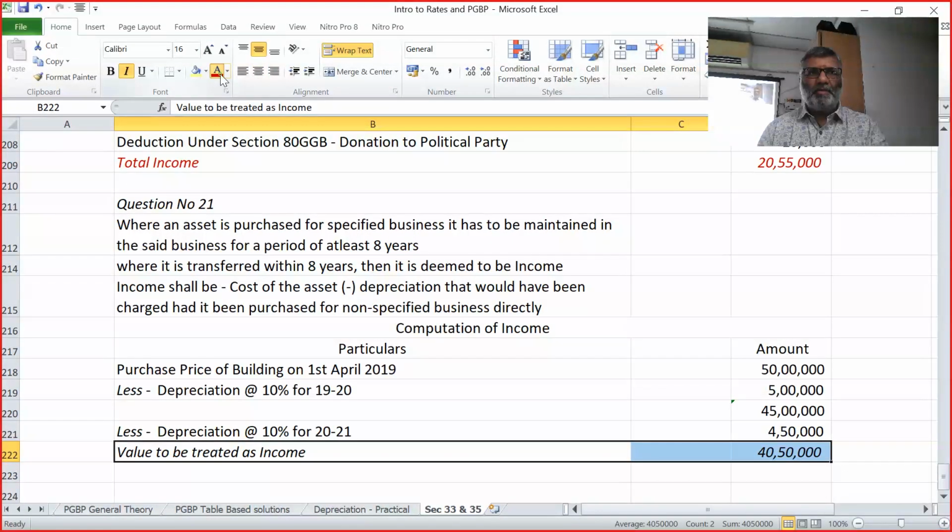So this is the reversal. 40 lakh 50,000. Remember, we can only find out the 1st April value. Depreciation is a 31st March concept.